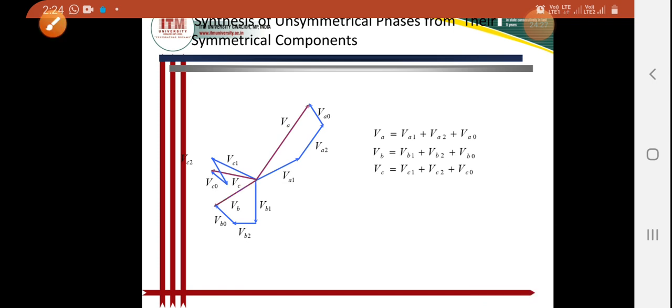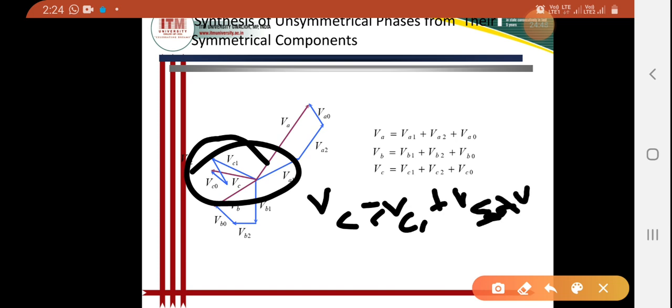See the phasor diagram, you can understand. And VC will be VC1 plus VC2 plus VC0, and the resultant will become the original unbalanced phasor, which is VC.